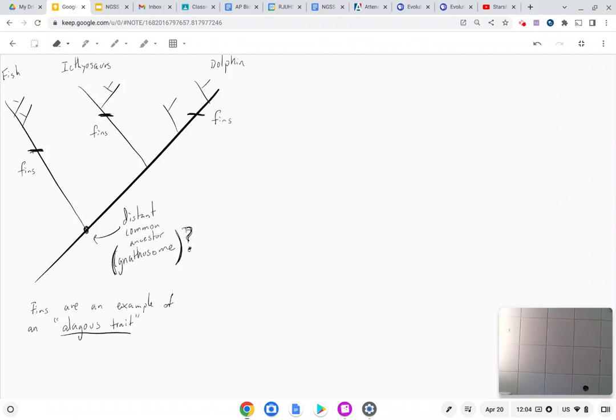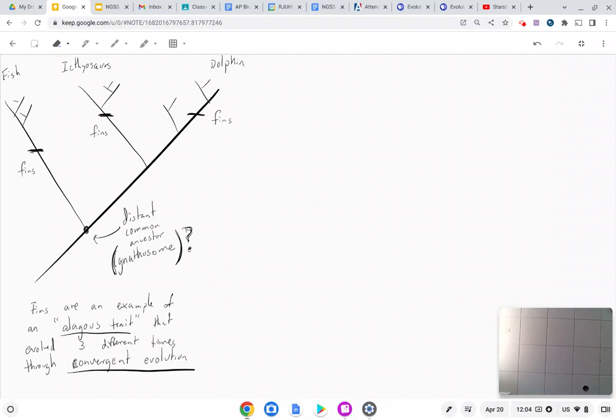Fins are an example of an analogous trait that evolved 3 different times through what we call convergent evolution. The reason why we call it convergent evolution is because the body plans of these 3 species converged. In other words, the body plans became more like each other. That's another way of saying converged.